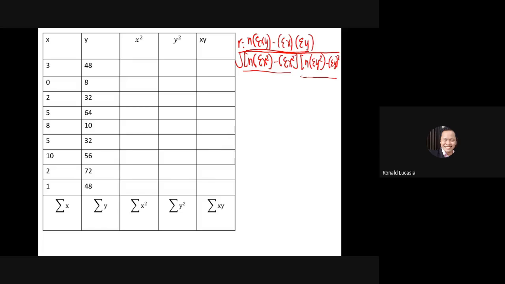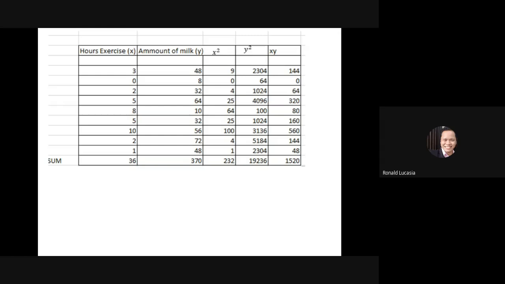Ano, sirit na? Can you check your work if we have the same x squared, y squared, xy, and the summation? So r there will be n all over n. Very good.